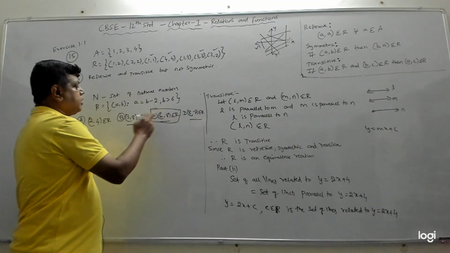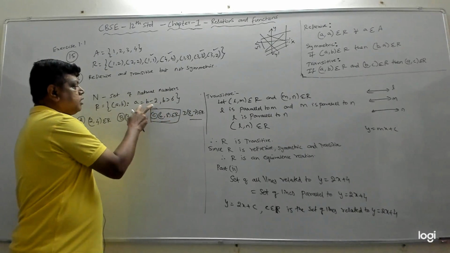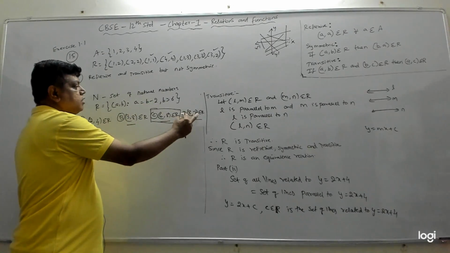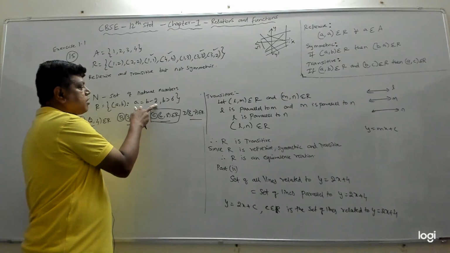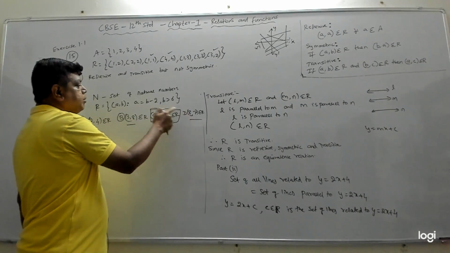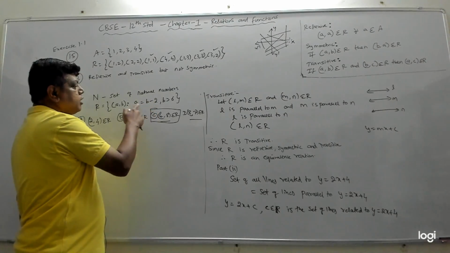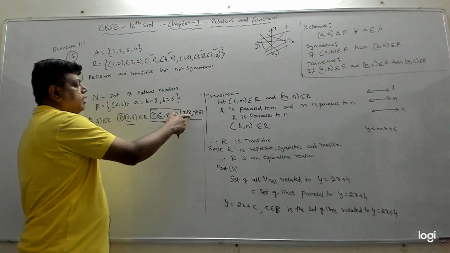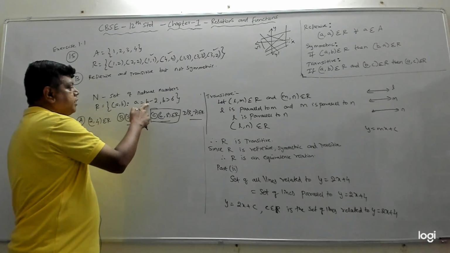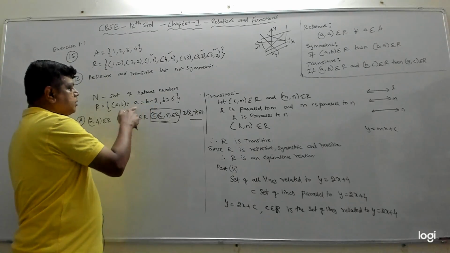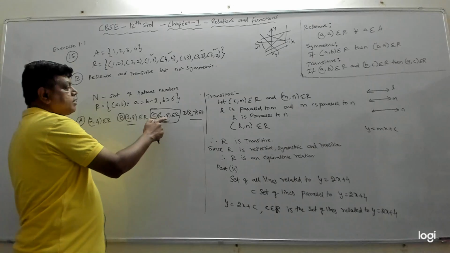These two don't satisfy. They can satisfy this condition, but not this condition. (8,7) also does not satisfy this condition, because a is 8, b is 7. If I put b as 7, 7 minus 2 is 5. a should be 5, but a is 8 here. Similarly, if I put 8 here, 8 minus 2 is 6, but I have 3, so this will not come. But this has (6,8).